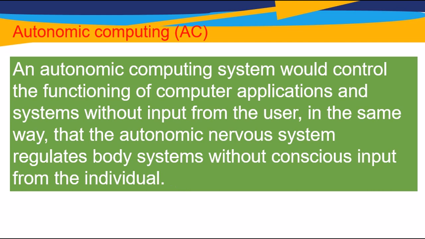It uses sensors, effectors, and autonomous elements for analyzing and planning, for monitoring, knowledge, and execution. So an autonomic computing system would control the functioning of computer applications and systems without input from the users, in the same way that the autonomic nervous system regulates body systems without conscious input from individuals.